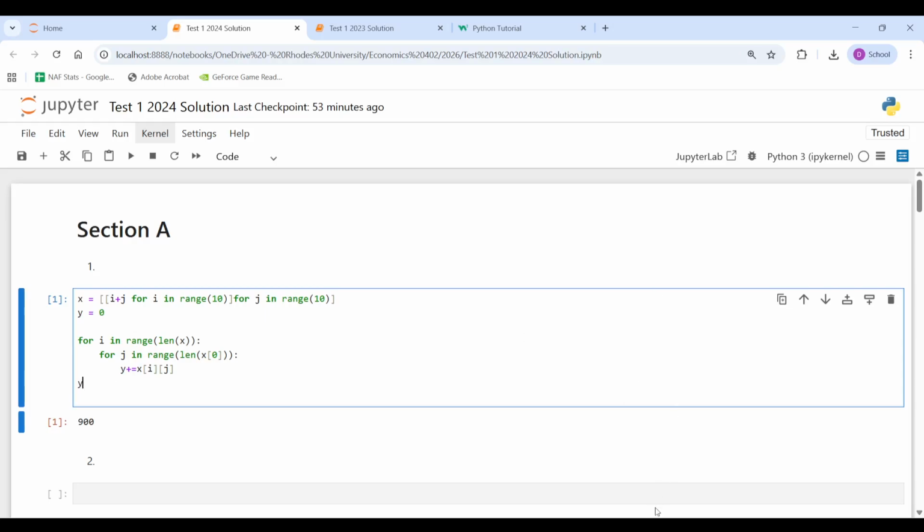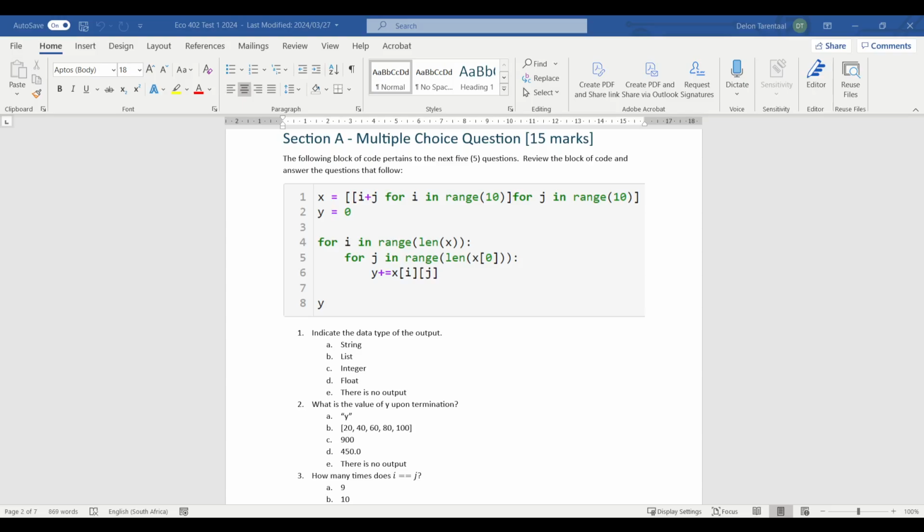Now, because of the way the question was set up, you don't necessarily have to calculate that value, right? Because you can determine the answer with process of elimination. So as I said, can't be A, can't be B, can't be D. Because we know there's an output, it can't be E. So it has to be C.